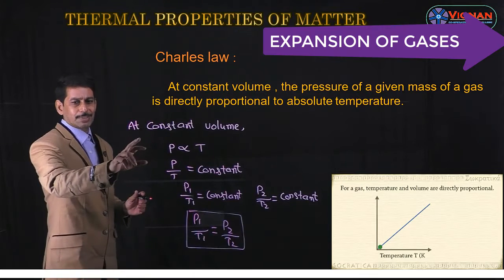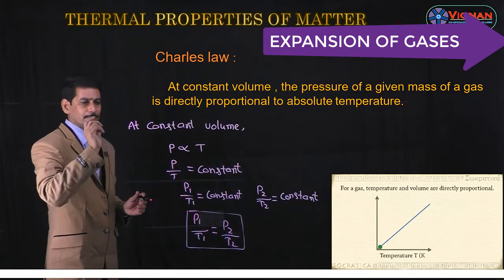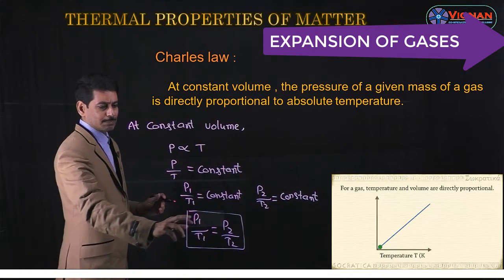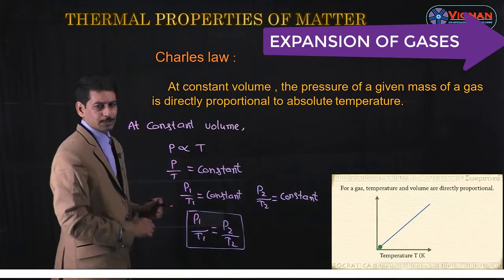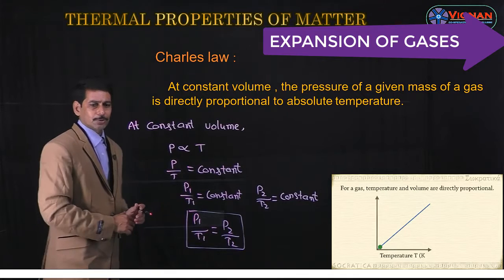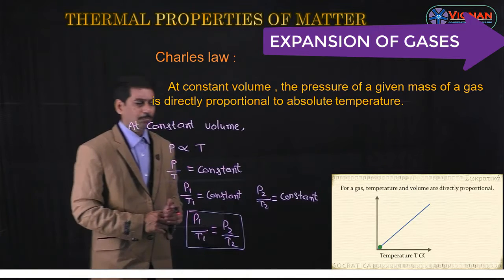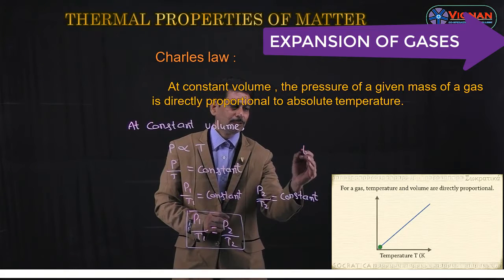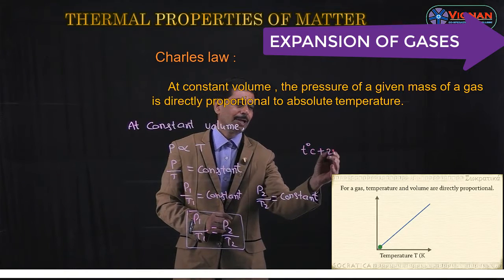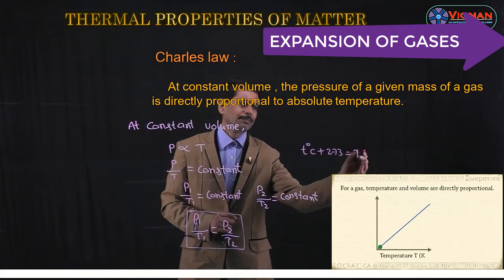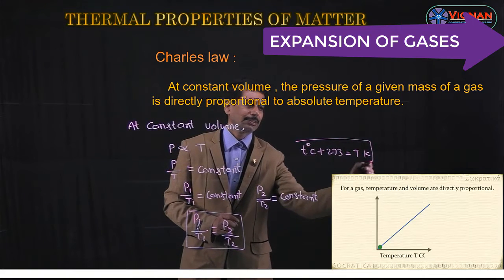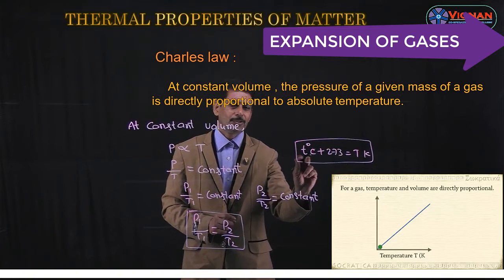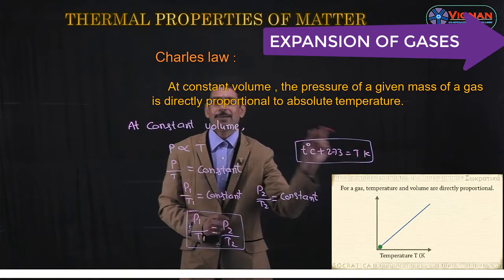Keeping the volume constant, the pressure of a given mass of a gas is directly proportional to absolute temperature, that is P1 by T1 is equal to P2 by T2. The temperature should be in Kelvin scale while doing the problem. If the temperature is given in degree centigrade, it should be converted to Kelvin by adding 273. So this is the relation between degree centigrade and degree Kelvin.